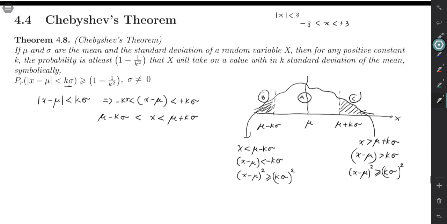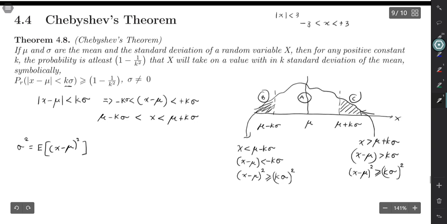Okay. Now let's start with the definition of the variance because it contains the standard deviation. Sigma square is the expected value of x minus mu square. That we know. For a continuous random variable, you integrate from negative infinity up to plus infinity, or the support of x, of x minus mu square f(x) dx.